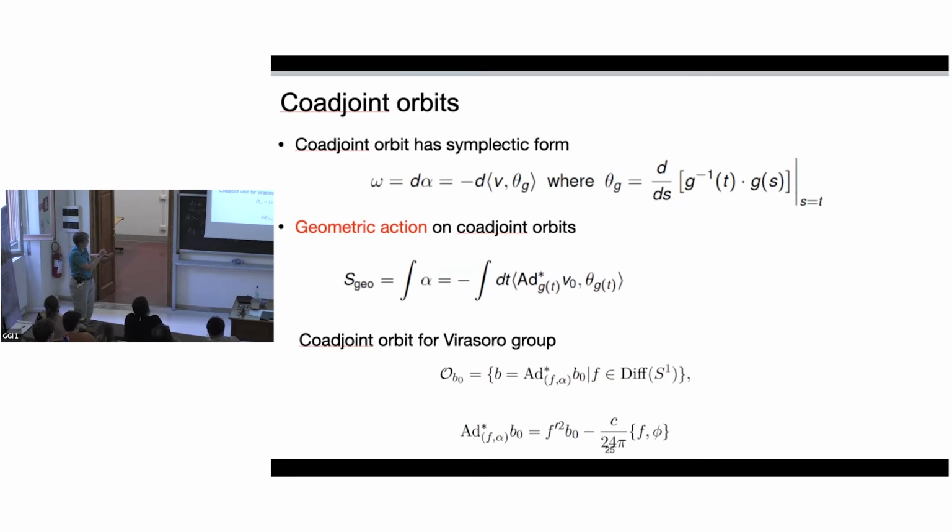We pick a function f out of the diffeomorphisms of the circle with a central charge. Then the orbit is obtained by this coadjoint action on this representative. You can actually do the calculation for the Virasoro algebra, and this is what you get. So this is your transformation, the representative, and there's a Schwarzian derivative of your diffeomorphism.